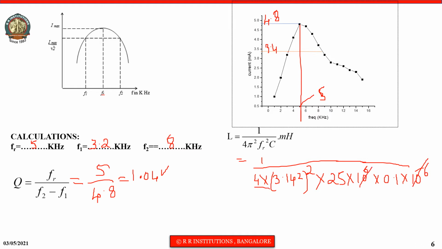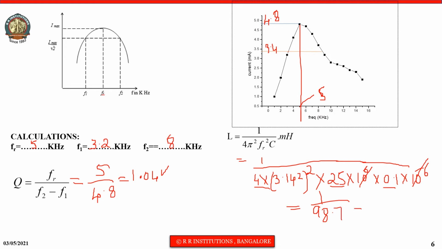4 into 25 is 100, and 100 is multiplied by 3.14 square. Including the 0.1 also, the answer comes out to be 98.7.